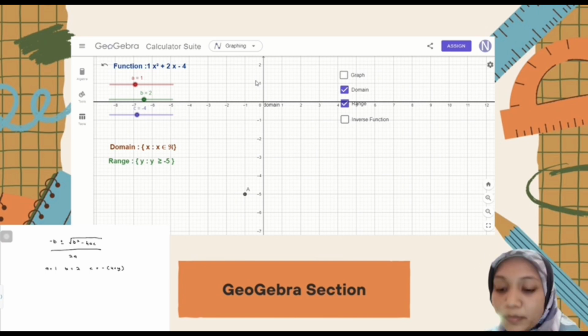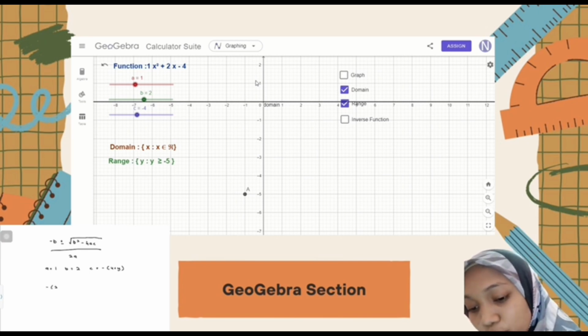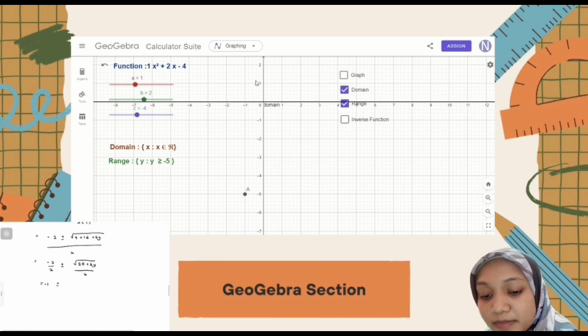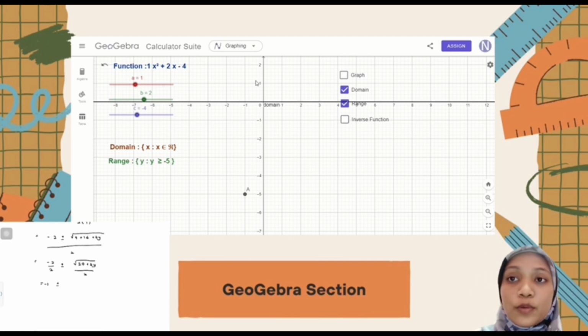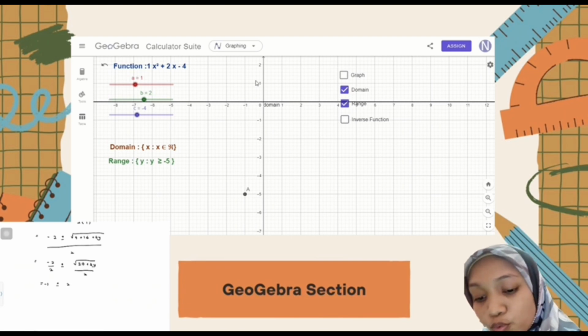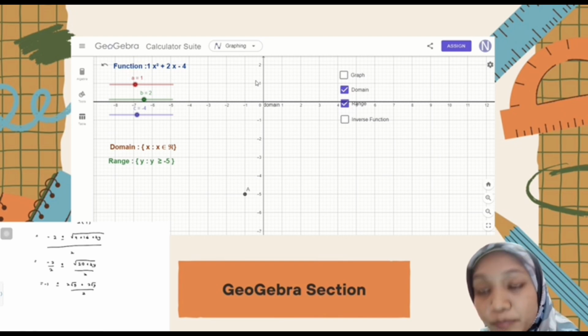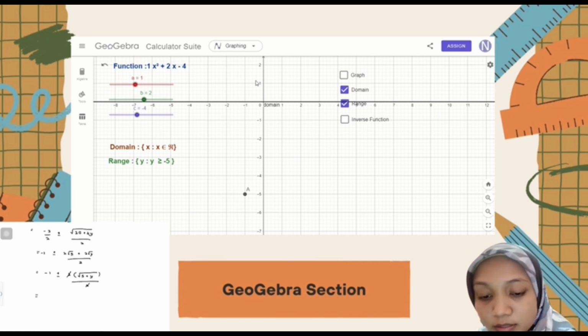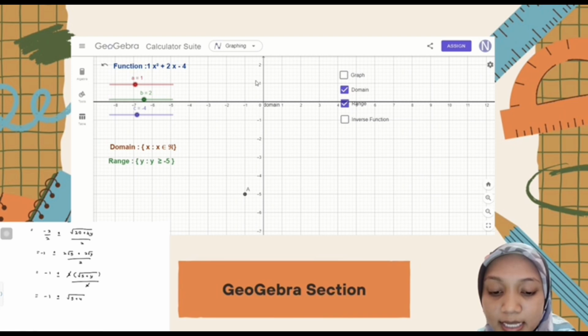Okay, we put in the formula: negative 2 plus minus the square root, over 2, which simplifies to negative 1 plus minus the square root of 5 plus y.